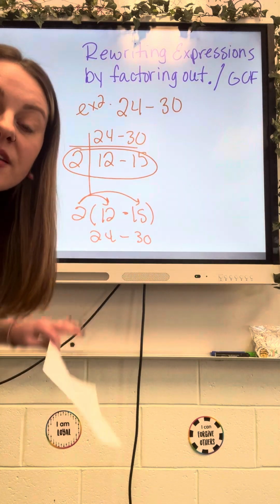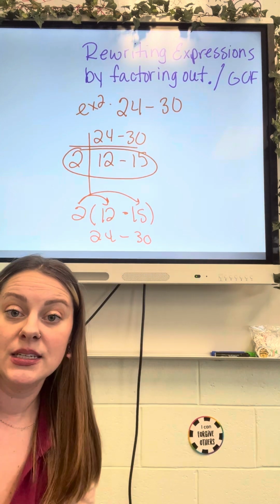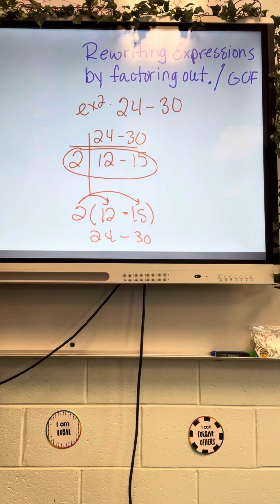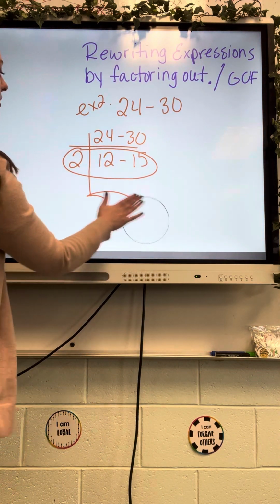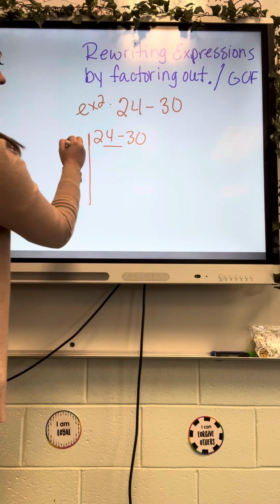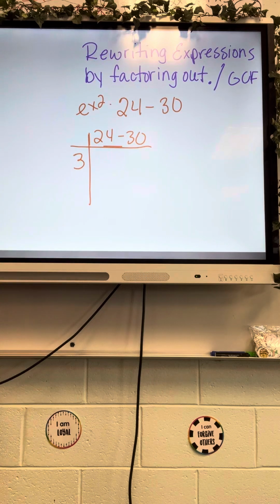This is not your GCF. If they asked you to factor out the GCF, this would be incorrect. It would have to be the GCF, okay? So instead of taking out a 2, this is another way you could rewrite it. You could take out a 3.